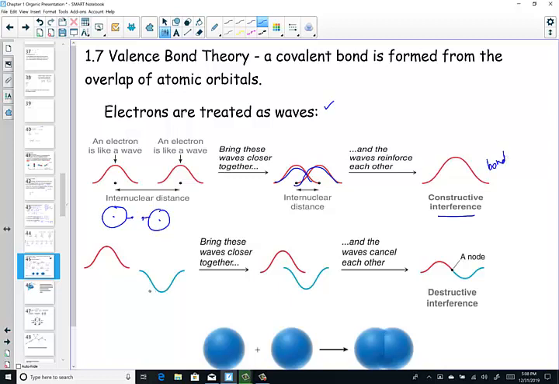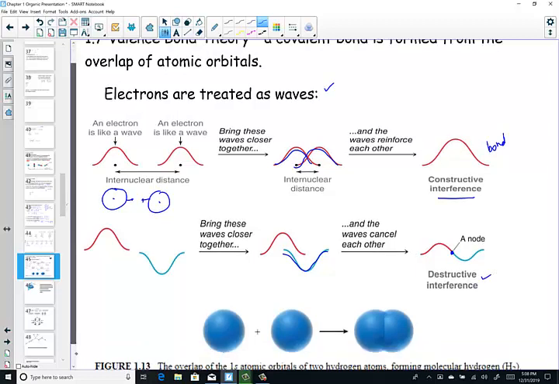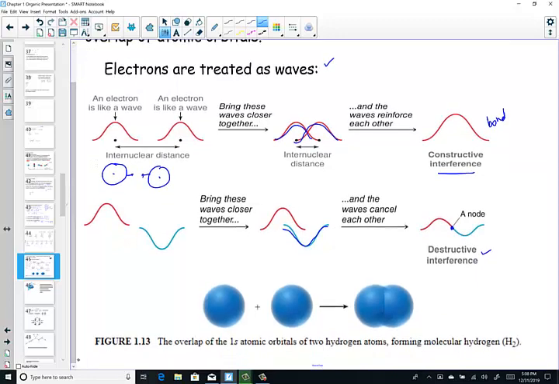If the waves come together in a destructive pattern where they cancel each other out, we get a node, and that's known as destructive interference. So literally we just want to envision the covalent bond as this S-shaped orbital overlapping with an S-shaped orbital, forming this covalent bond, and this could represent, for instance, one hydrogen to the next.